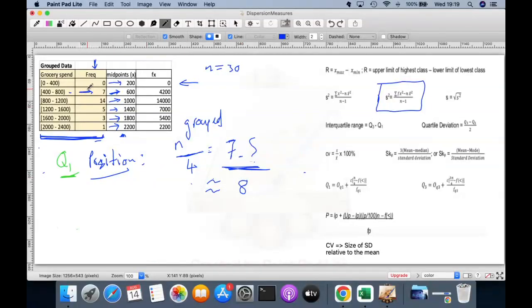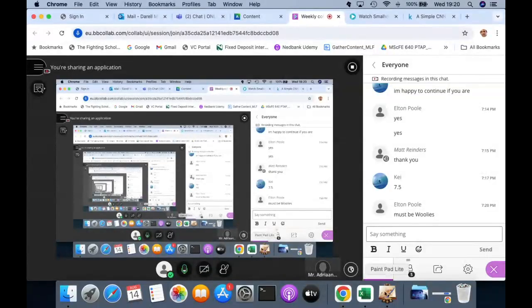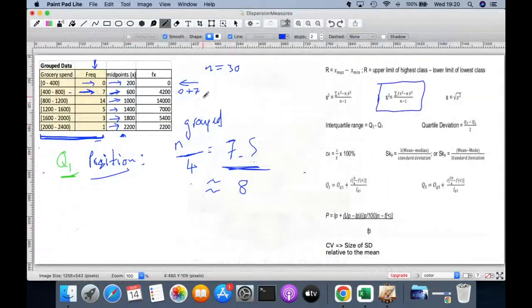Going to the second row, so far we have 0 plus 7 people, because the first row was 0 and the second group was 7 people. So up to the second row we have 7. Seven is still less than 8, so we're still under.